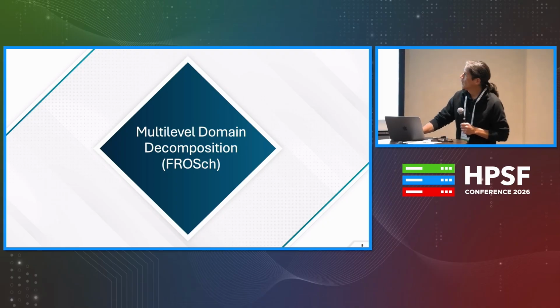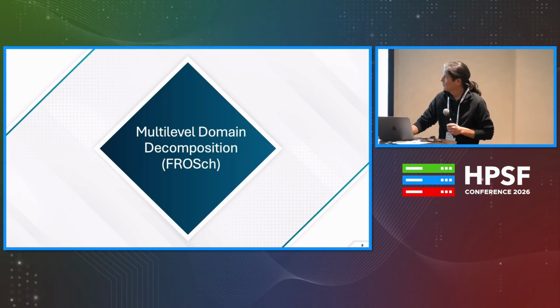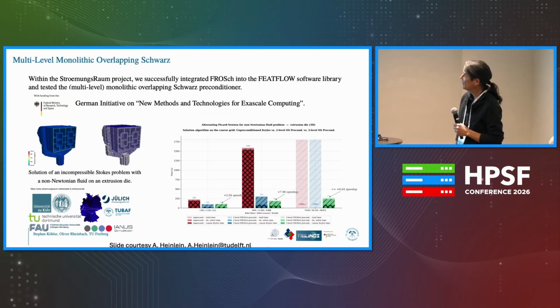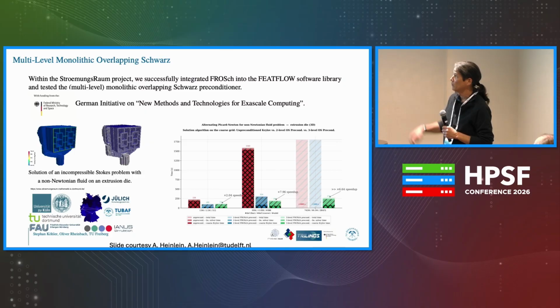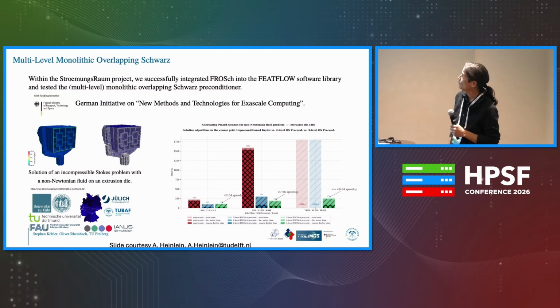All right, so next, Alexander Heinlein sent me some updates for FROSch. It's being used in FeatFlow, which is an incompressible 2D and 3D simulation code. This is a Stokes problem that they're solving.